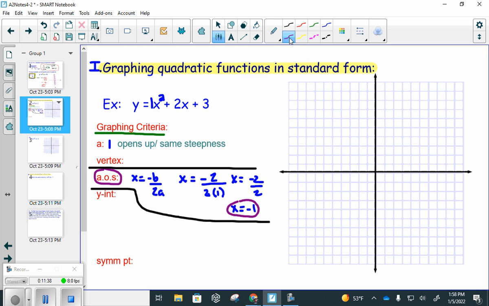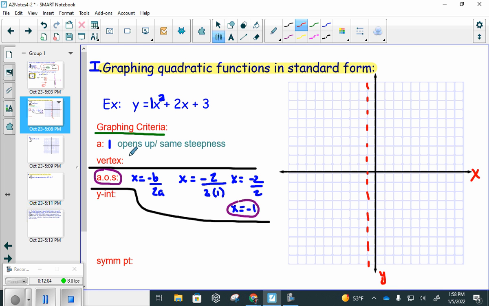I'm going to fill in the x equals negative 1. Here's my x-axis, here's my y-axis. X equals negative 1 is here, so I'm going to draw in a dashed line. Alright, so at least I know where the middle of this parabola is.